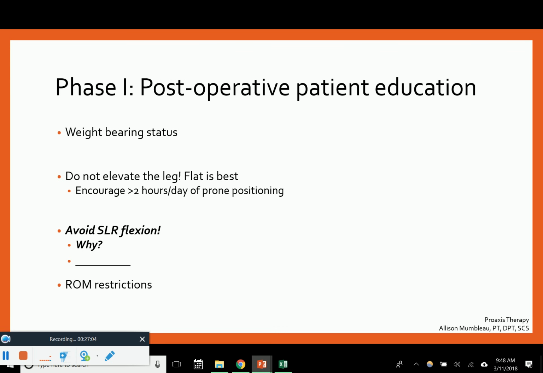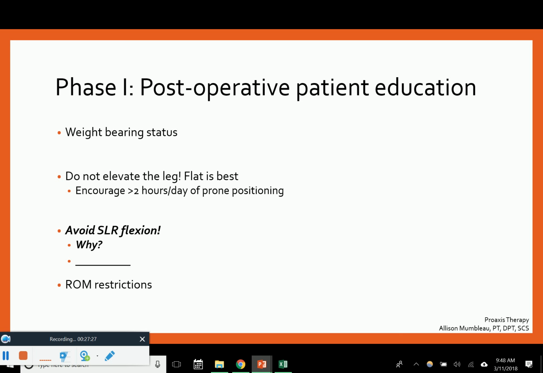Postoperative patient education: you want to educate them on their weight-bearing status. You don't want them to elevate the leg. Flat is best, actually. And really, you want them to do 2 hours of prone positioning per day. That doesn't mean they have to do 2 hours in a row, but they should be able to accumulate 2 hours of prone positioning throughout every day.